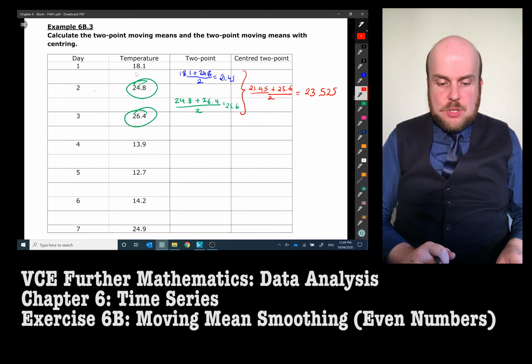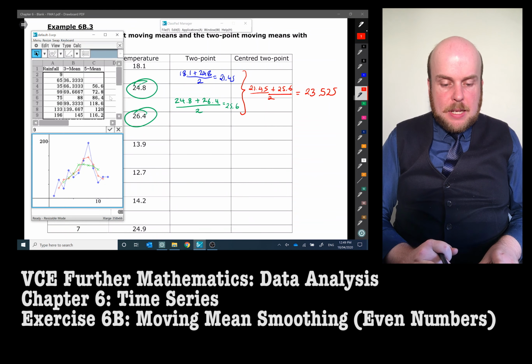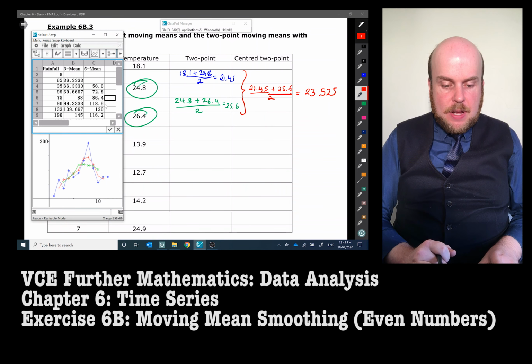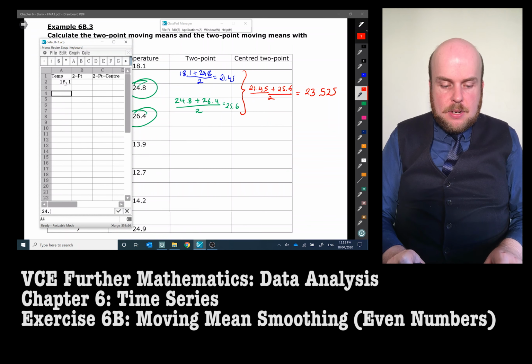We're going to do the 2-point moving means of these. So here are all my lovely values from my last example. I'm just going to close that and clear all of this. You'll notice I put little gaps between them.